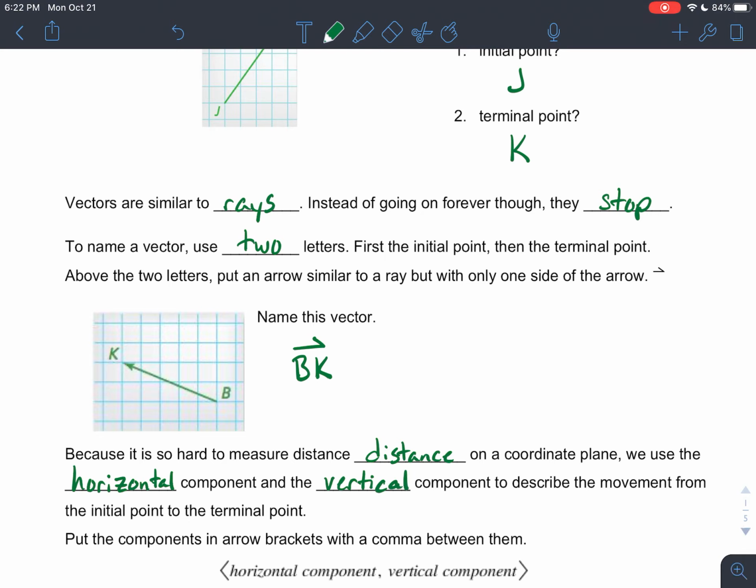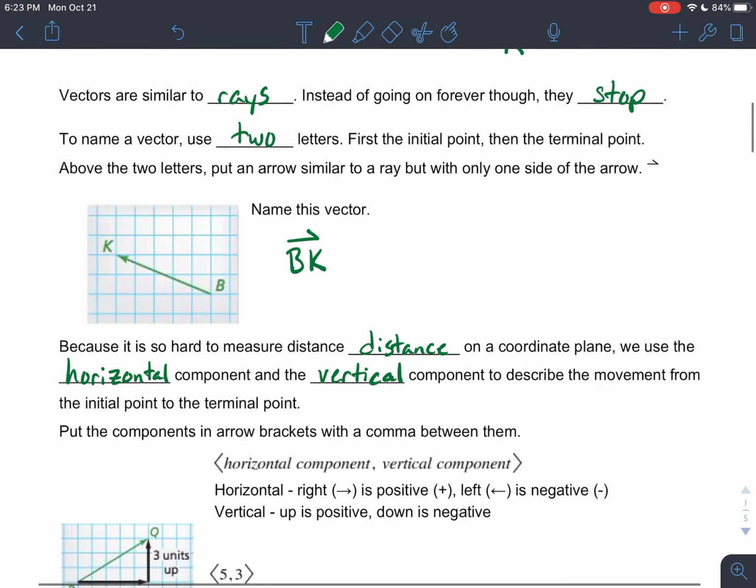Very similar to an ordered pair, except instead of starting at 0, 0, you start at the initial point, move left or right, and then up or down to get to the terminal point.